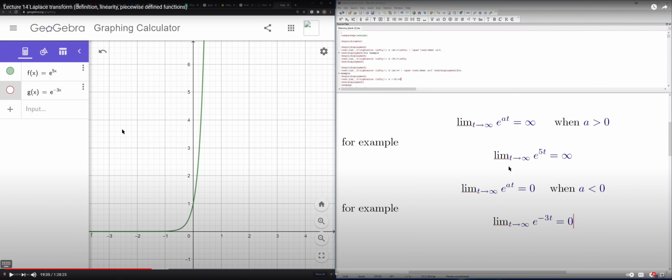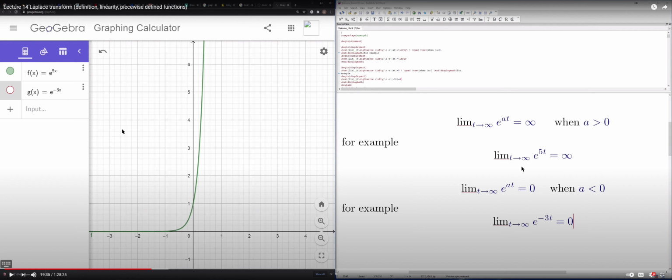You could state that more generally: if I have e to the at, where a is bigger than 0, then the limit of e to the at as t heads to infinity is equal to infinity. And this over here is a particular case, when a is equal to 5.